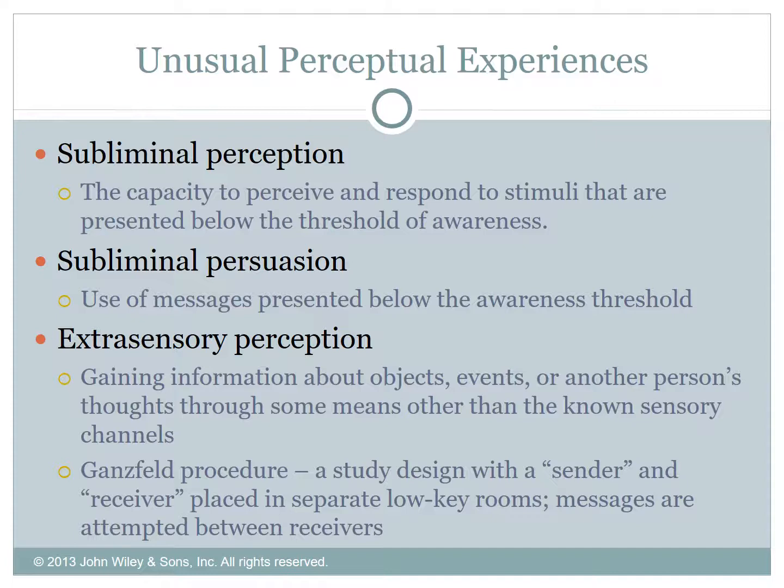There are a number of unusual sensory experiences that humans have and that we've experimented with on a variety of levels. Subliminal perception and subliminal persuasion go very closely together. So with subliminal perception, simply, we perceive and respond to stimuli that are presented below our threshold of awareness. And we know that subliminal perception does exist, particularly, for instance, with subsonics.